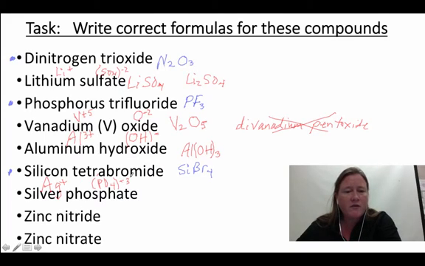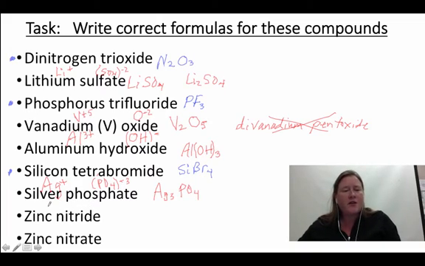So using the crossover rule, my formula becomes Ag3PO4. It looks like my pen's getting out of control again. If it makes you happy to put PO4 in parentheses, you can, but since there's only one, we don't need to.